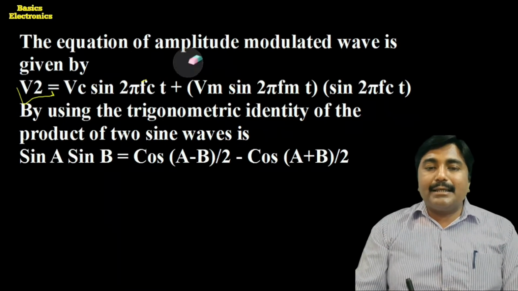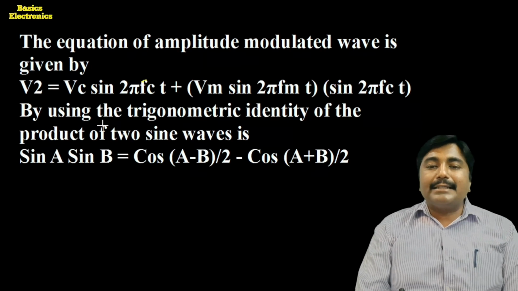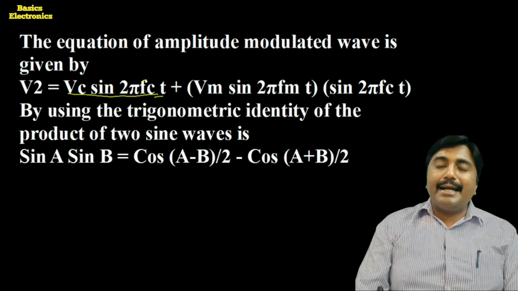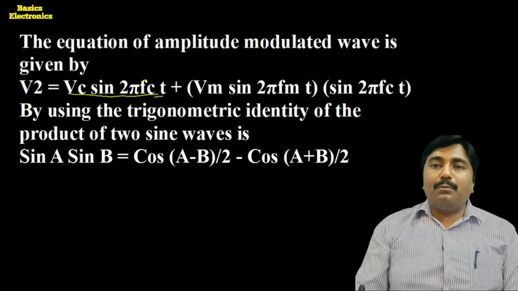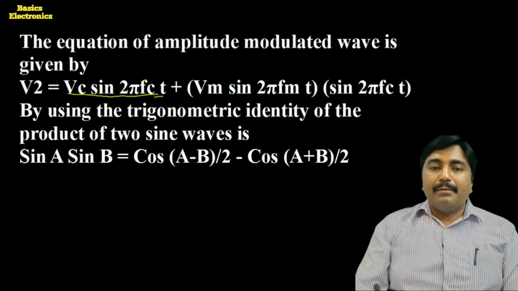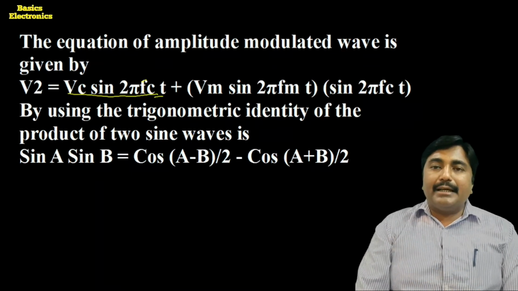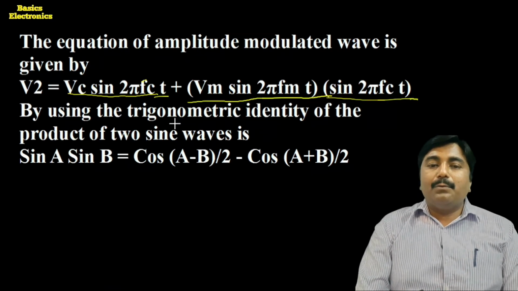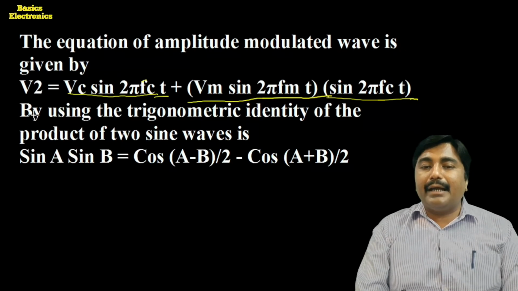V2 is equal to Vc sin 2 pi fct plus Vm sin 2 pi fmt multiplied by sin 2 pi fct. Whatever the output or composite signal is, we call it V2, the amplitude modulated signal, VAM.